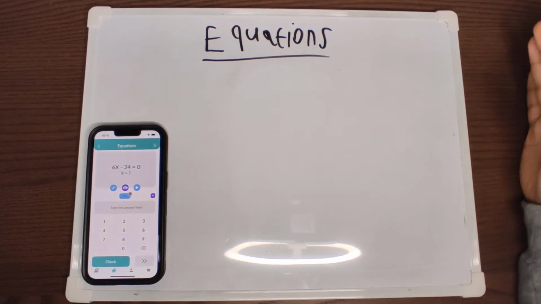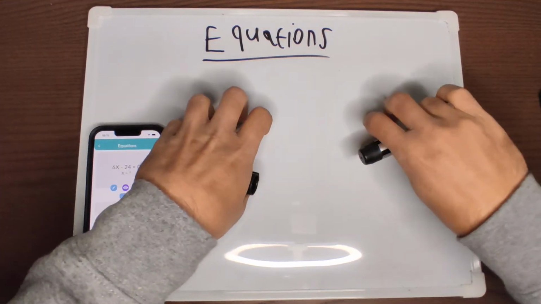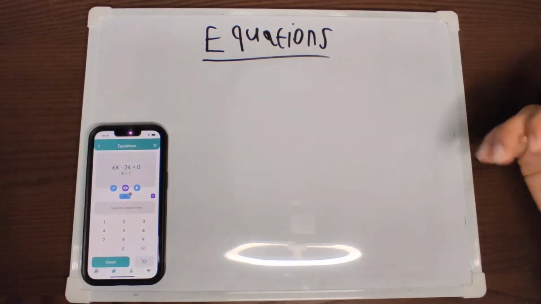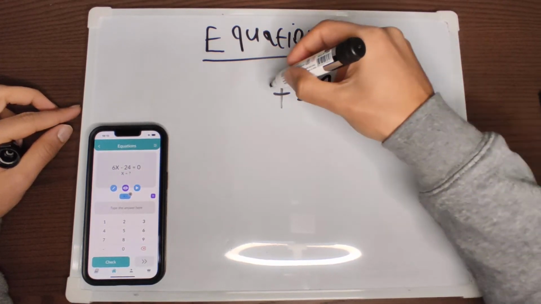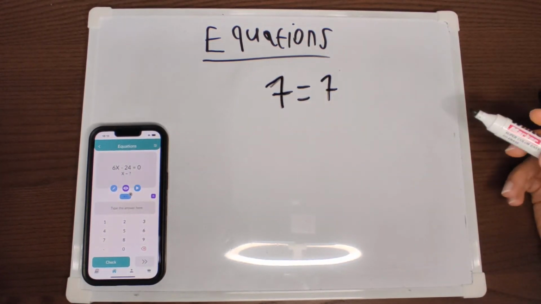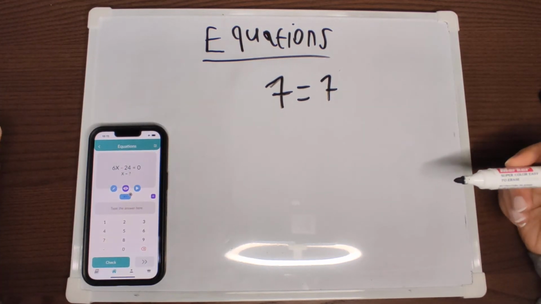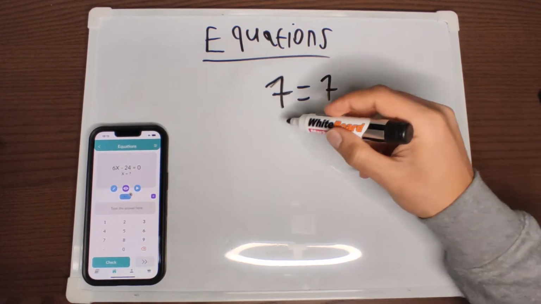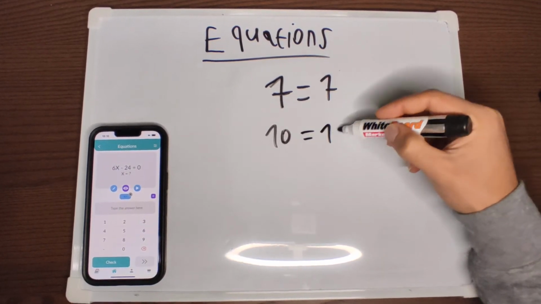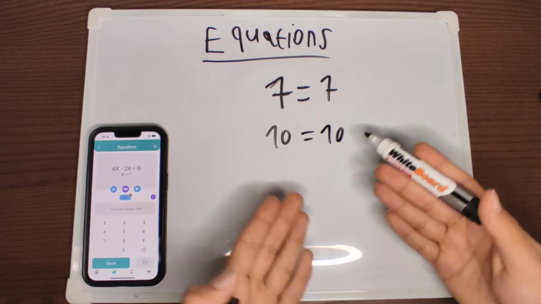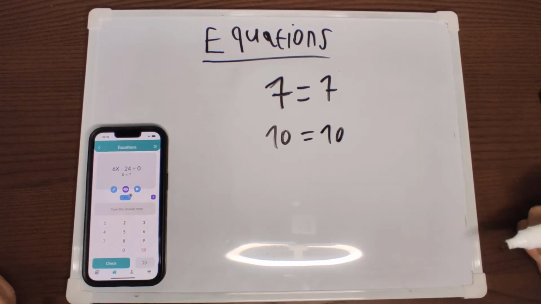We can make the same operations on both sides of the equation. What do I mean? We can take 7 equals 7 and we can add 3 to both sides. Add 3 to 7, it's 10. Add 3 to this 7, it's 10. It's still the same equation, it's correct. We didn't do anything wrong.